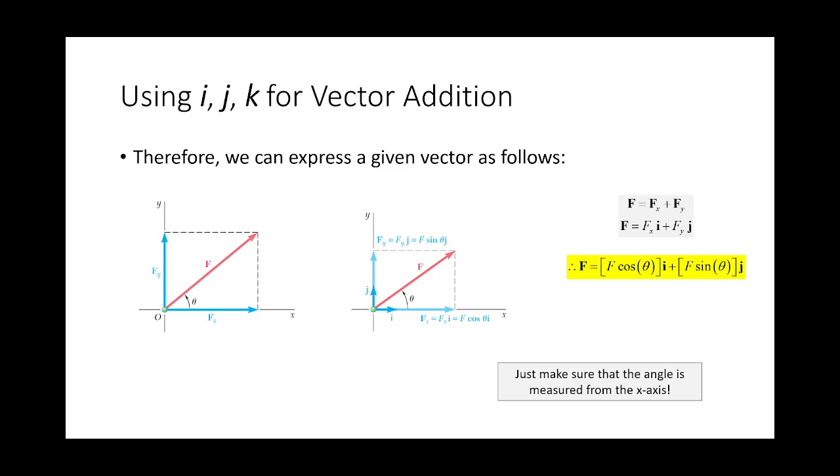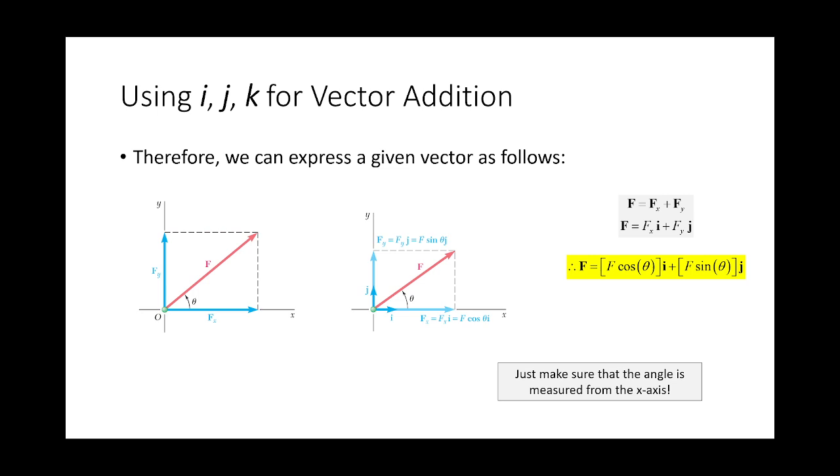So what we can do for vector notation is as follows, and this is going to be the notation that we're introducing today and that we're going to be using for quite a bit this semester. Whenever we have some arbitrary vector, we're going to split that up into x and y components. So we're going to figure out the magnitude along the x-axis and the magnitude along the y-axis, and the way that we're going to express that mathematically is we're going to say the vector is so much times i plus so much times j.